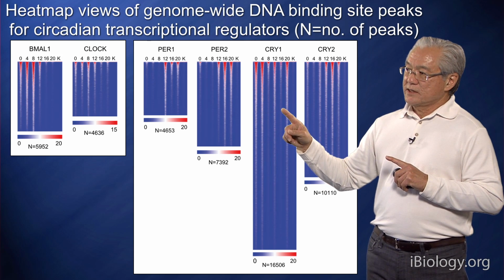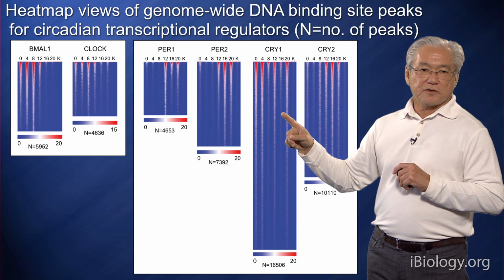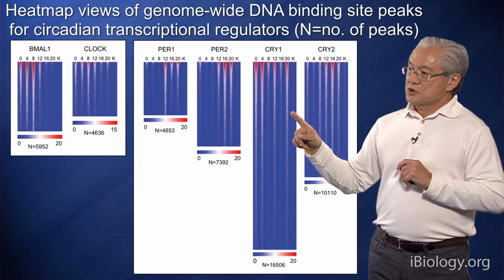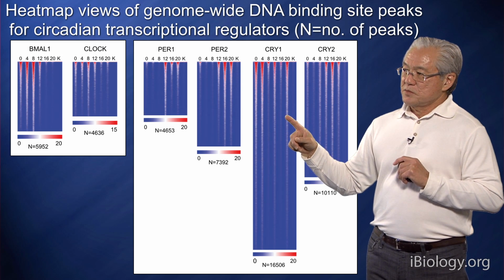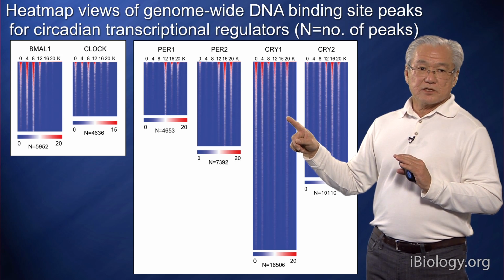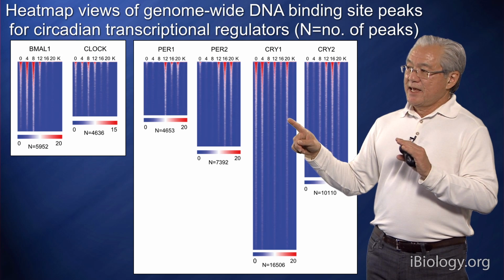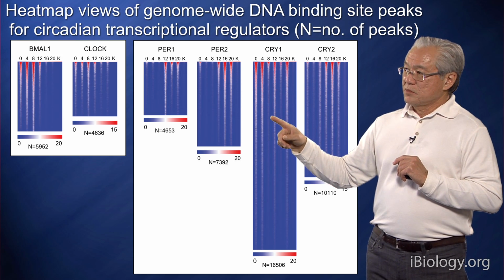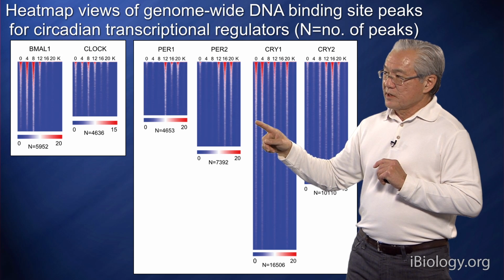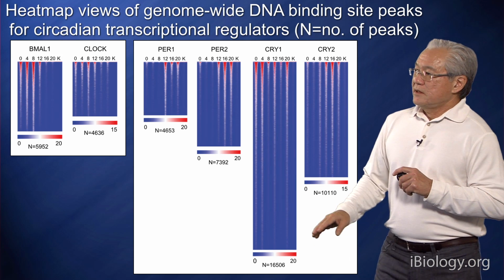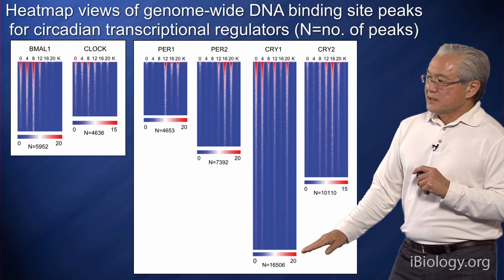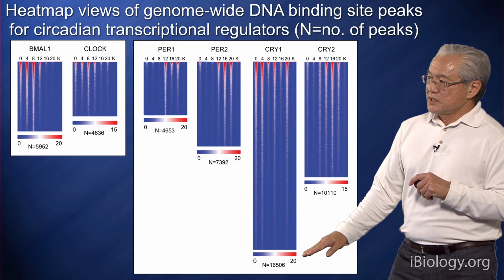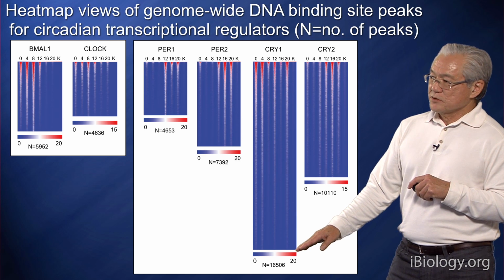And then CRY1 has a different pattern, which turns out to be a bimodal pattern. It has both a 12-hour and a 24-hour binding pattern. But the primary peak is actually at 0 right here. The other feature, which is a little interesting, is that the cryptochrome proteins have many thousands of sites.